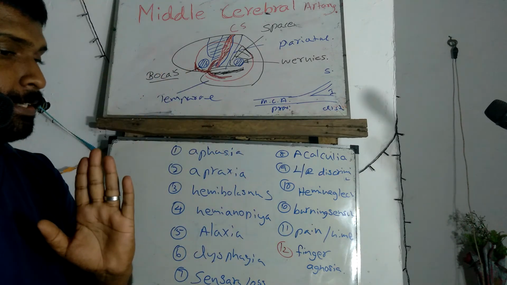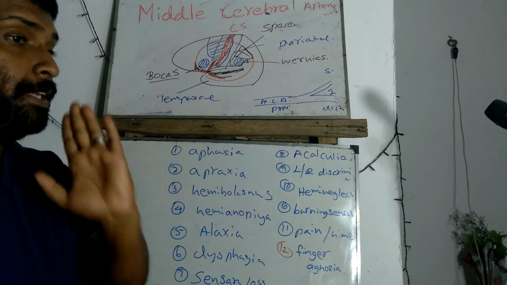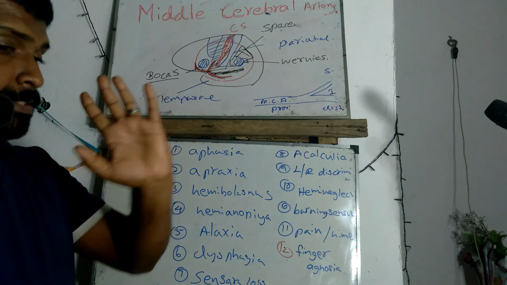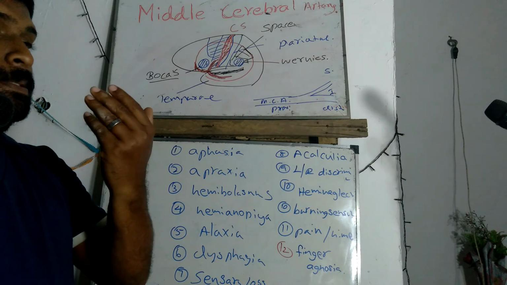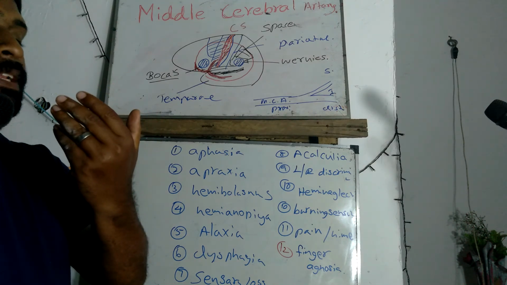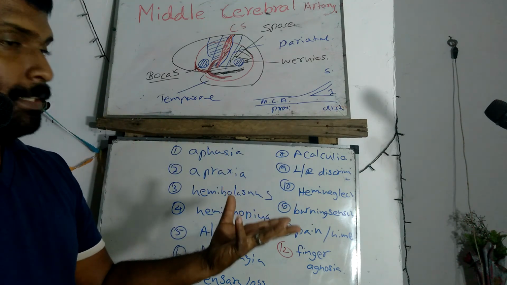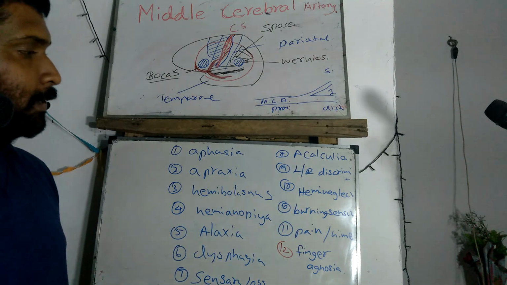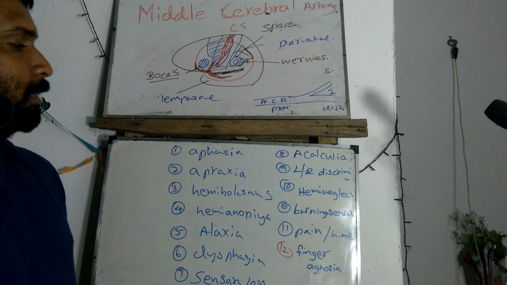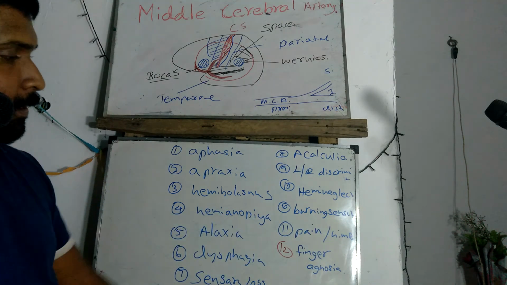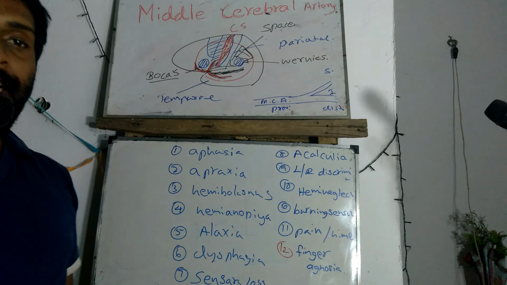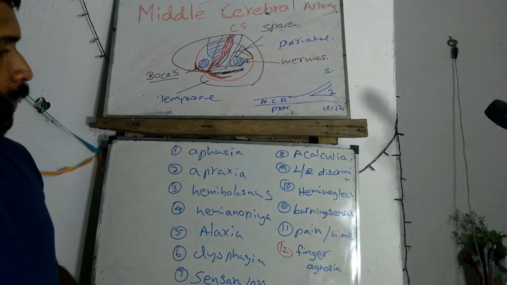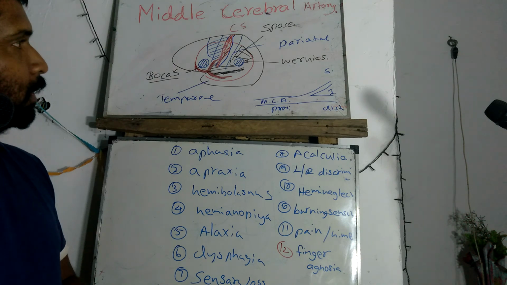The patient neglects the affected side. He can't identify some sites of the affected area and totally neglects this area. Burning sensation, pain and finger agnosia. That is the most important point we discussed today.